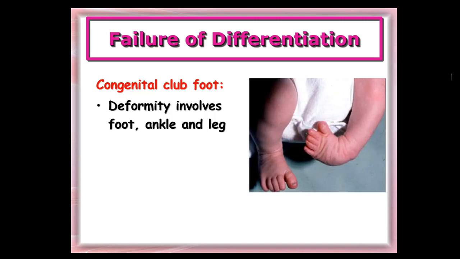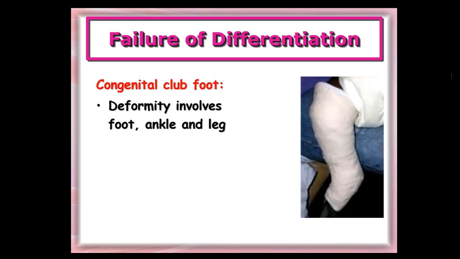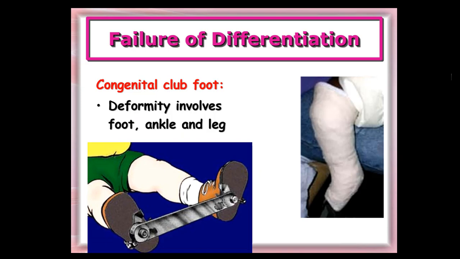As in this anomaly, this is a congenital club foot. And here there is deviation of the foot towards one side. And these are the methods of its correction.